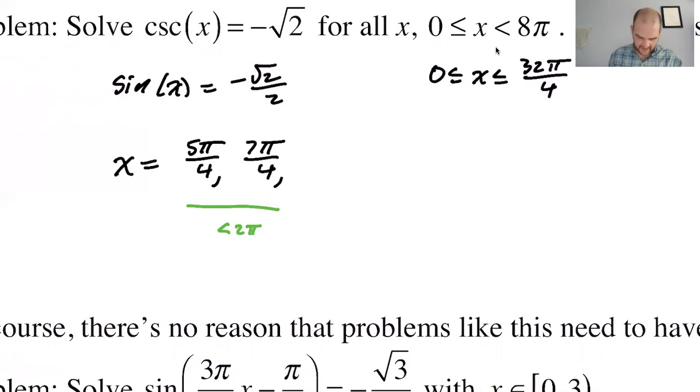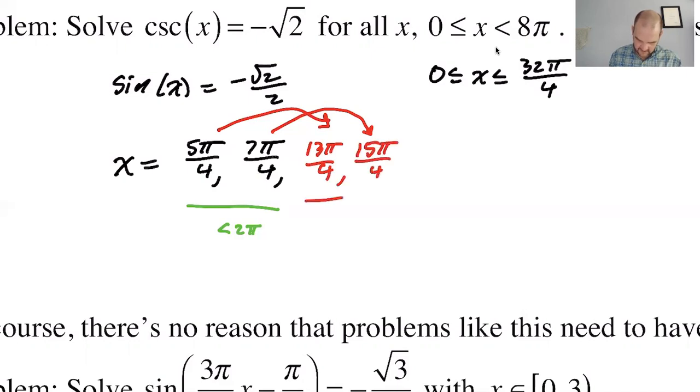Now what I'll do is add 2 pi, which is 8 pi over 4, to here and here, and it'll give me, maybe I'll stick with that color so I don't have to switch a million times, 13 pi over 4, and then 15 pi over 4. These are less than 4 pi, one more revolution.